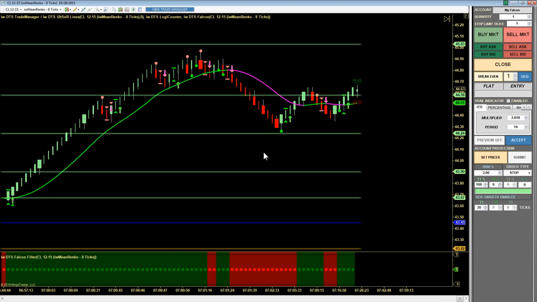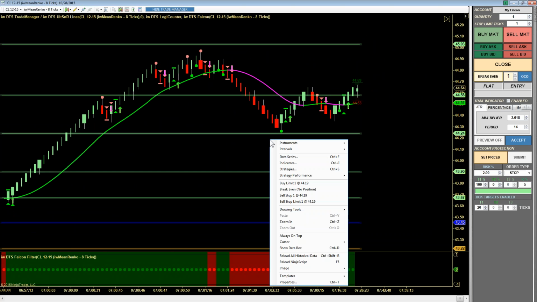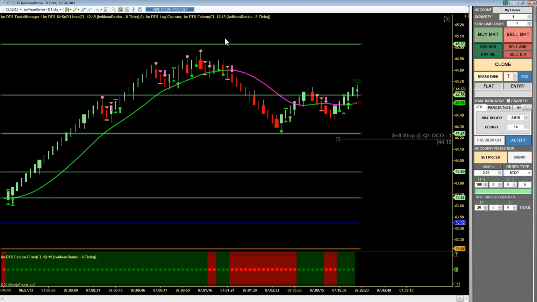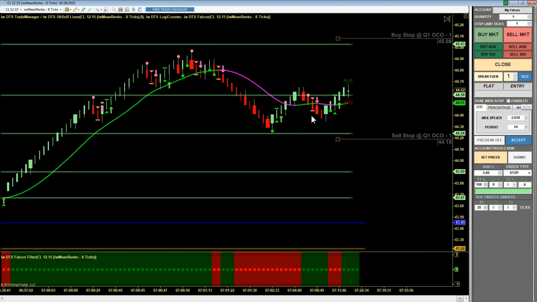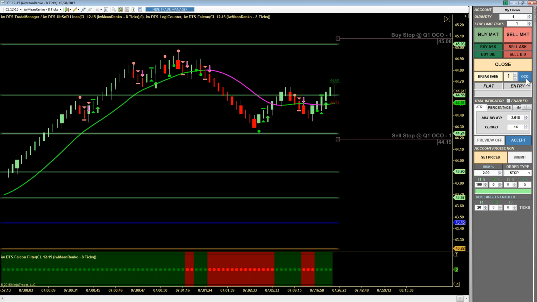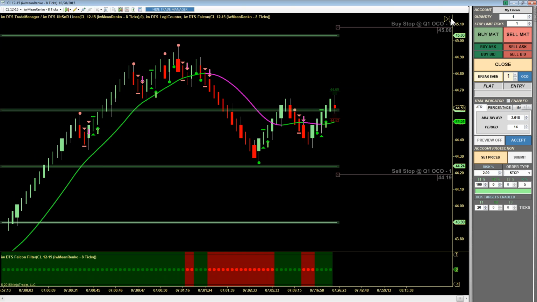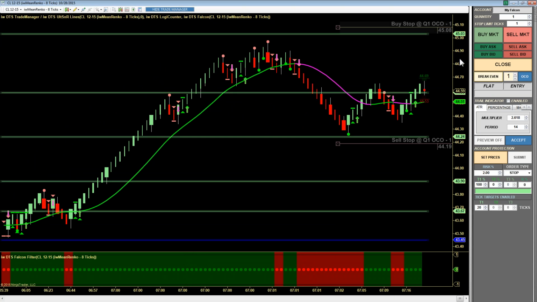We could employ our OCO function, and we could sell down here and buy up here. Now, when you use the OCO function, remember these orders are live the moment you put them on your chart, so you don't want to put them up there and then forget about them.